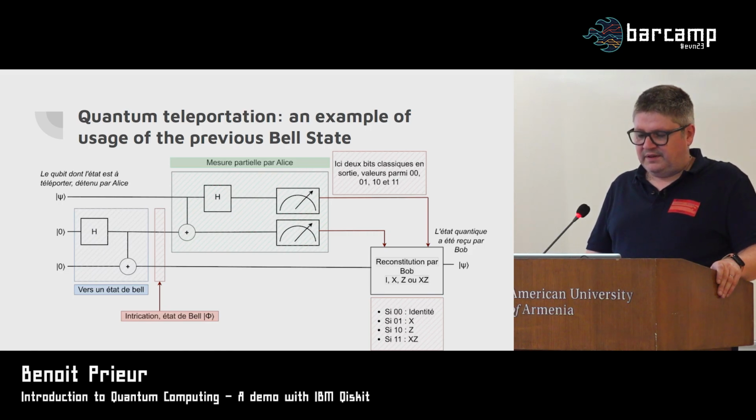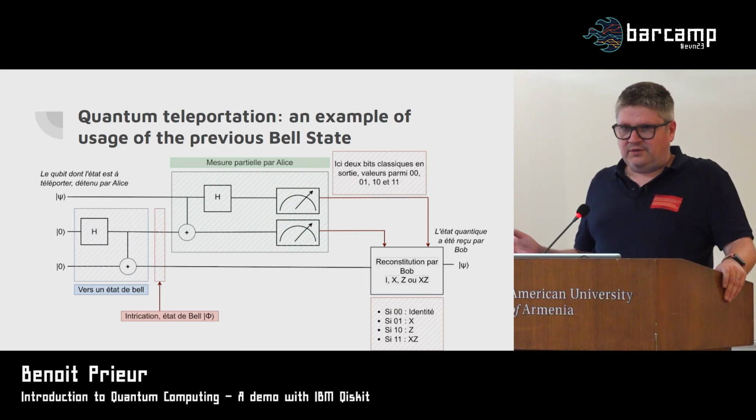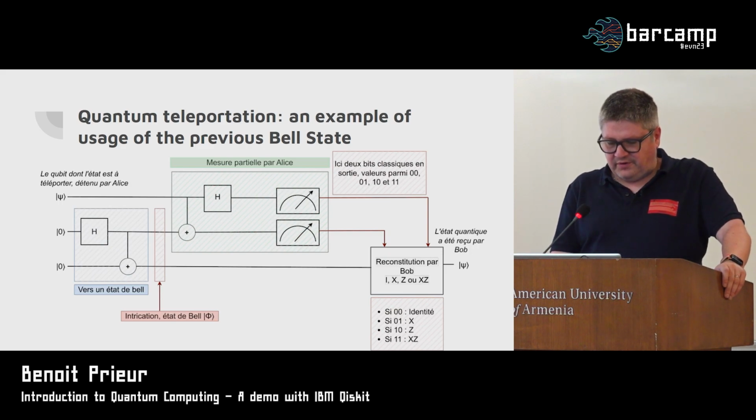Here it's Alice, here it's Bob. Bob wishes to receive the value from Alice. So it's not an interesting circuit in itself, but it's used in a lot of applications.